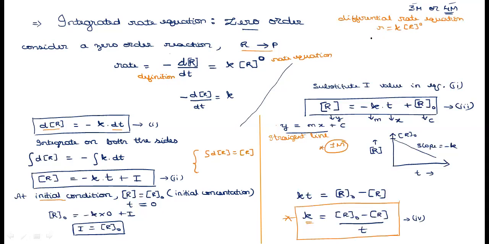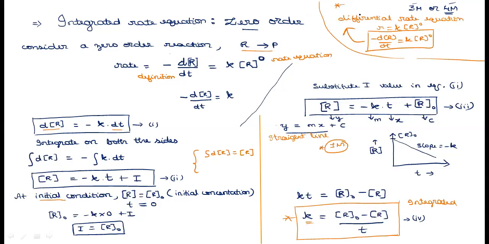Instead of R, you take the definition, that is minus dR by dt is equal to k into concentration of R to the power 0. This form of the equation is called the differential rate equation and the other is called the integrated rate equation. So this is additional information. If the question is asked for the differential rate equation for zero order, you can write this. For first order, you write 1 instead of 0.